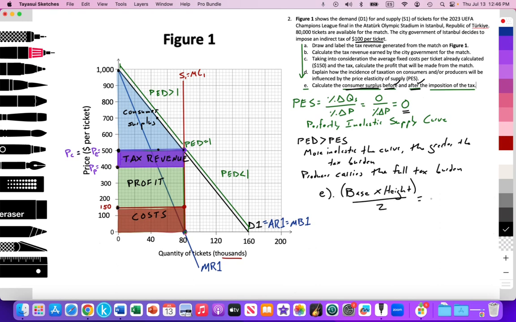So that can be equal to the consumer surplus in this case. So the base, going from 0 to 80, is 80,000. We have a base of 80,000, right, which is going from 0 to 80. There we have our base.